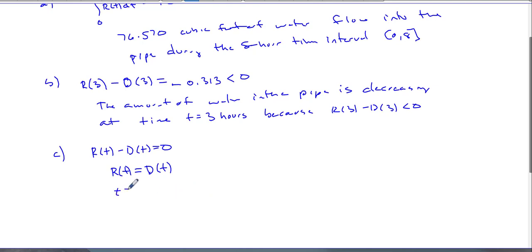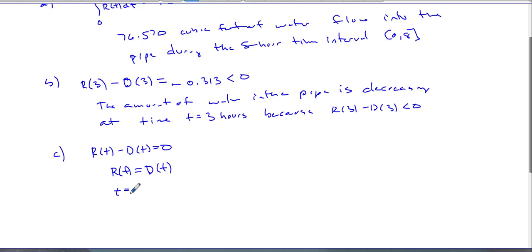Okay, what's our t value for this? What'd you get? 3.271.